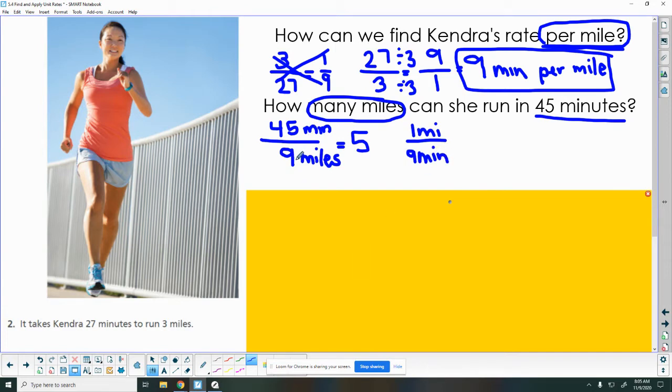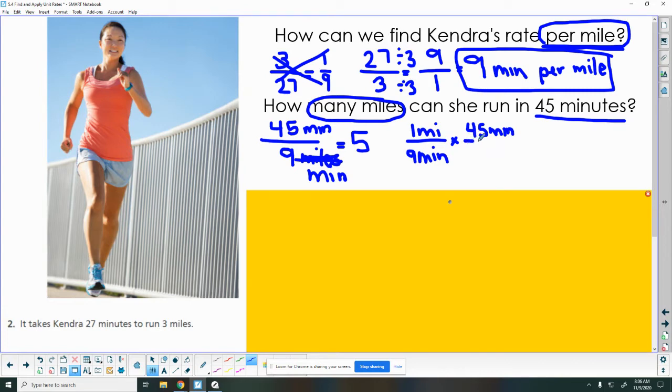Oh, sorry, this should not have said 45 minutes divided by 9 minutes is 5. That was a bad label there. So I know in 1 mile, it takes her 9 minutes. And I'm trying to see how many she can do in 45 minutes.